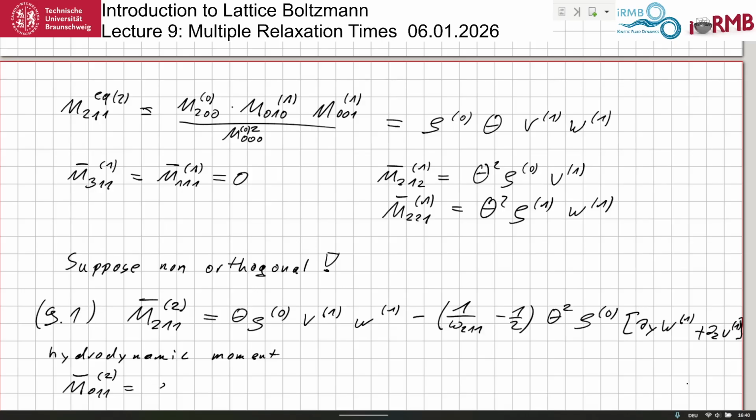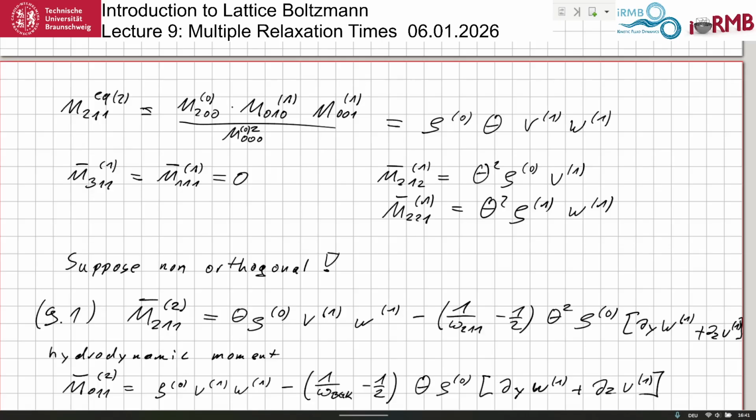Let's have its equilibrium: rho 0 V to first order W to first order minus 1 over omega. It's hydrodynamic, it comes with BGK, minus 1/2. And then it has theta, so now only theta, rho to 0 order. And here we have dY W1 plus dZ V to first order.